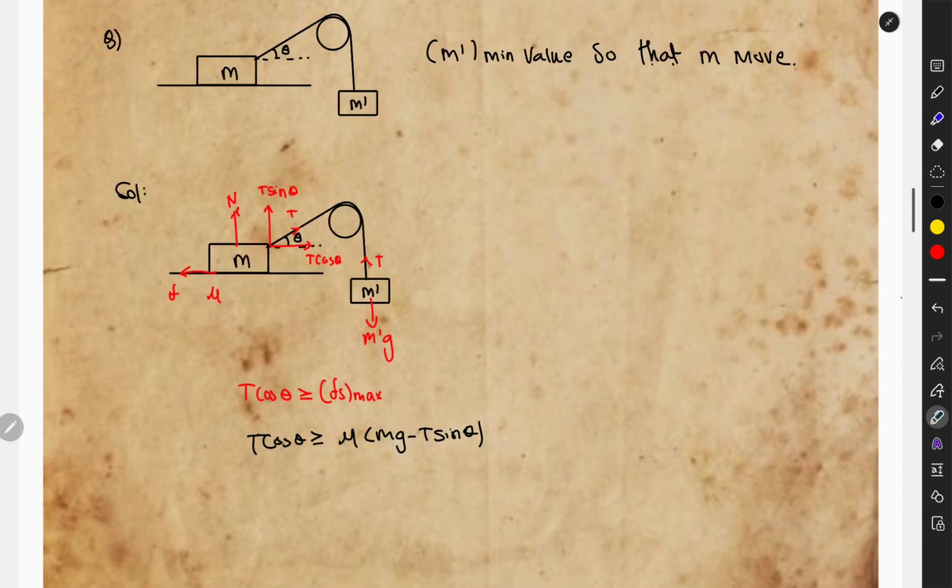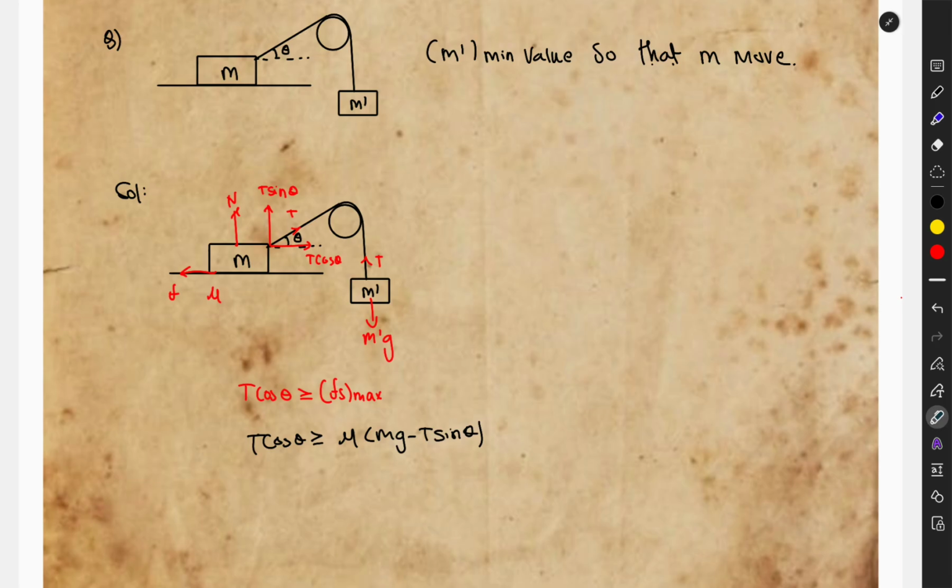Okay, the next question is also of the same type. So we need to find the m dash minimum value so that the m can move. So basically you need to draw the free body diagram and the forces acting on it. Since it needs to move, it needs to overcome the static friction's maximum value.